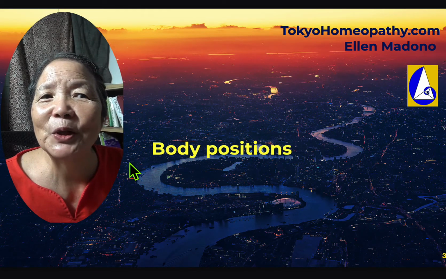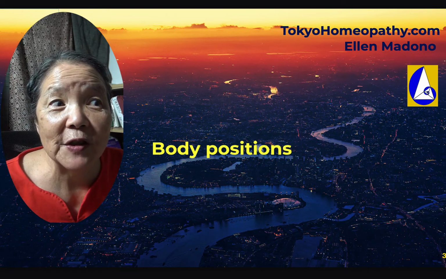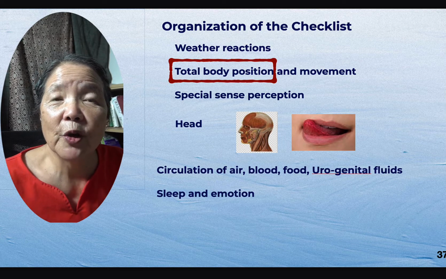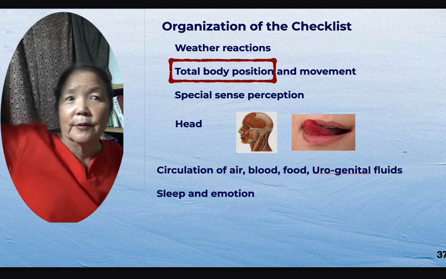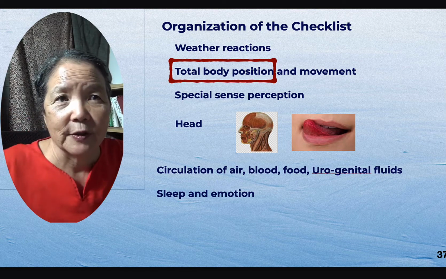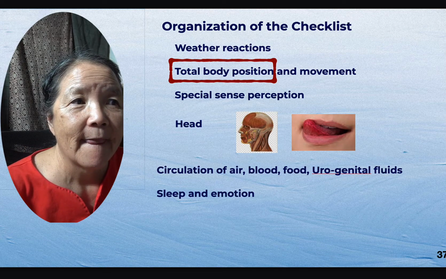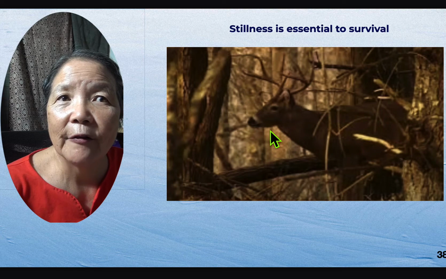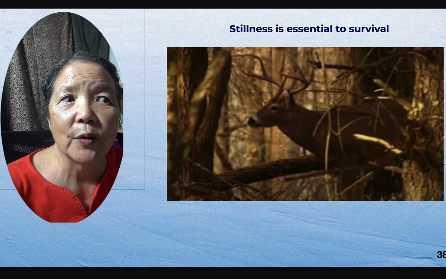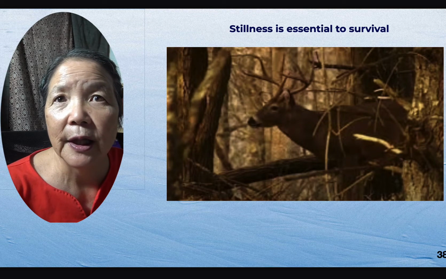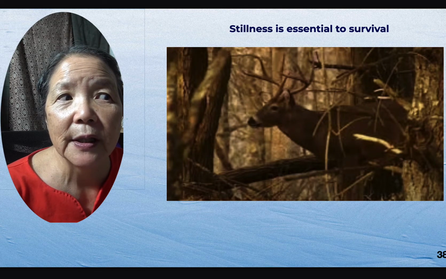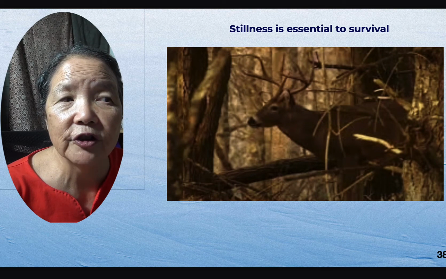Okay, next we're going to talk about body positions. And here we're talking about the whole body or parts of the body, but body positions. And all animals need to have some stillness to survive. So when you are not feeling good, how you use your stillness is always a survival issue.